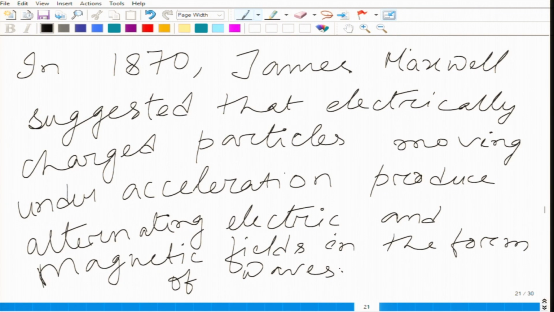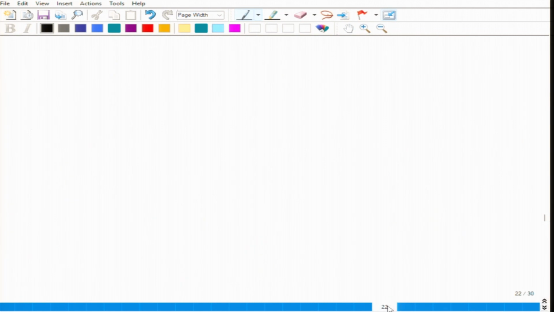So, electrically charged particles, when they move under acceleration, produce alternating electric and magnetic fields in the form of waves. So, this is called the wave nature of light.